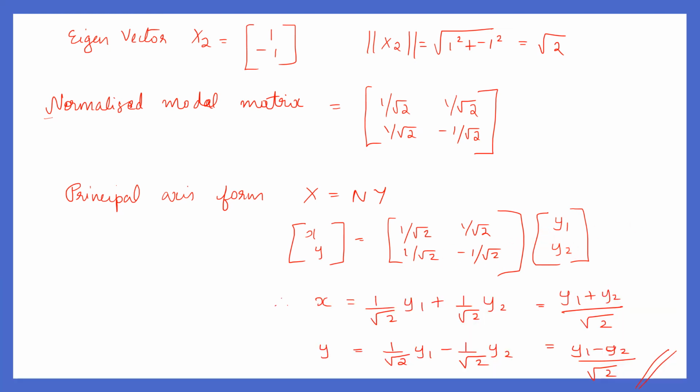So it will become x is equal to 1 by square root of 2 y1 plus 1 by square root of 2 y2, which can be written as y1 plus y2 divided by square root of 2. y can be written as 1 by square root of 2 y1 minus 1 by square root of 2 y2, which is equal to y1 minus y2 by square root of 2. So this is the principal axis form of the given quadratic equation.